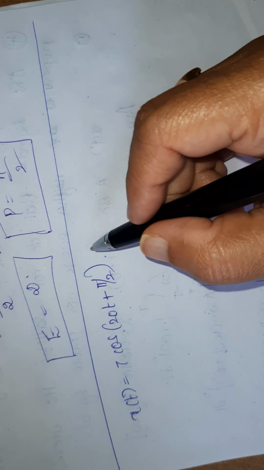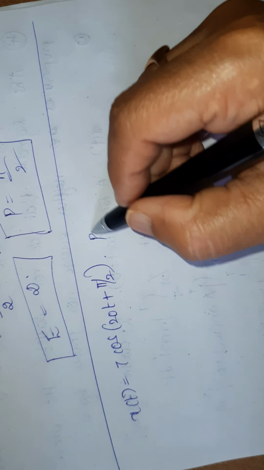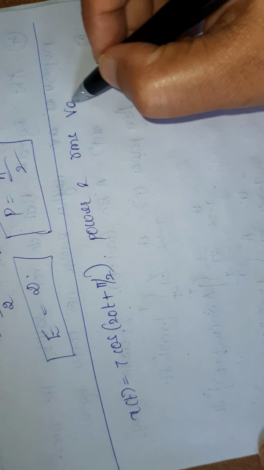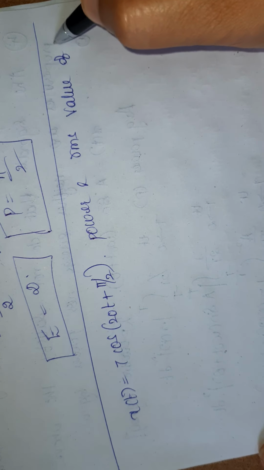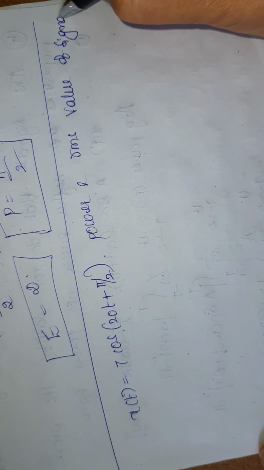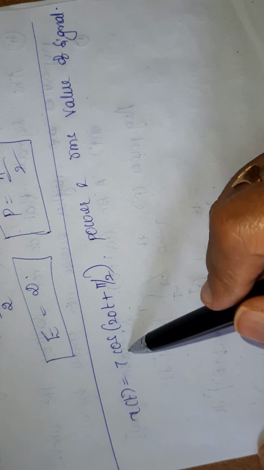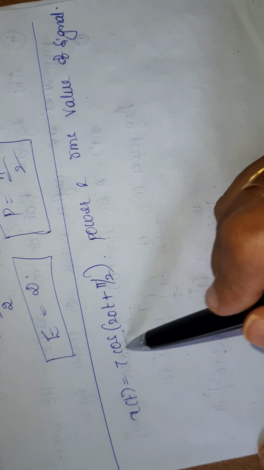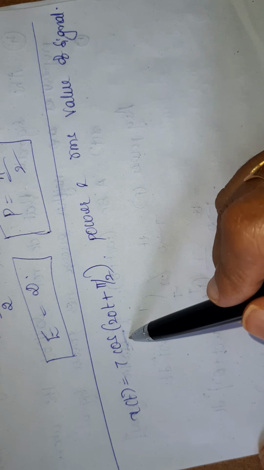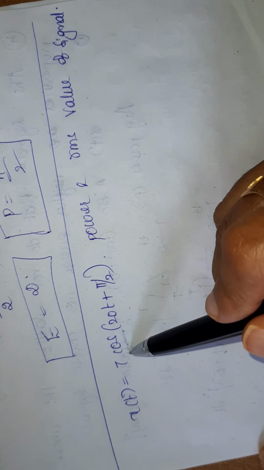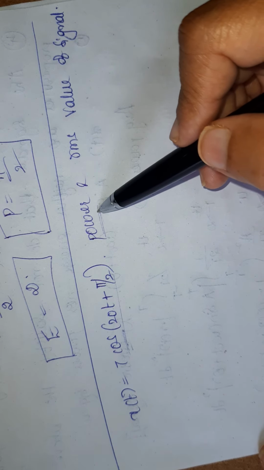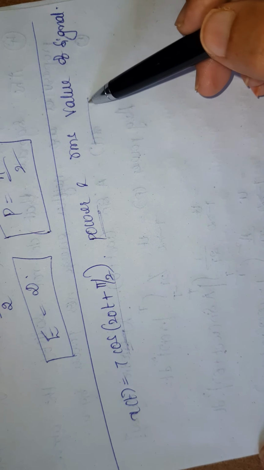Directly he is asking about the power and RMS value of the signal, because we already know that it is a sinusoidal signal. Any sinusoidal signal is a periodic signal, and all periodic signals are power signals. If it is a power signal, we have to calculate the RMS value.